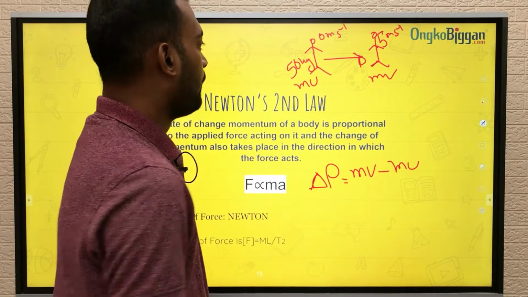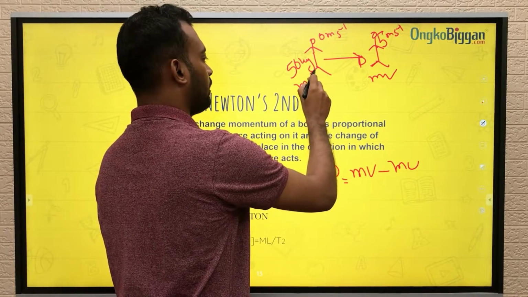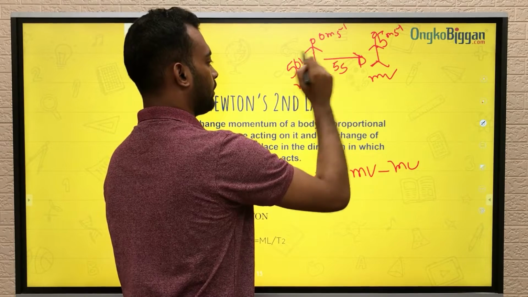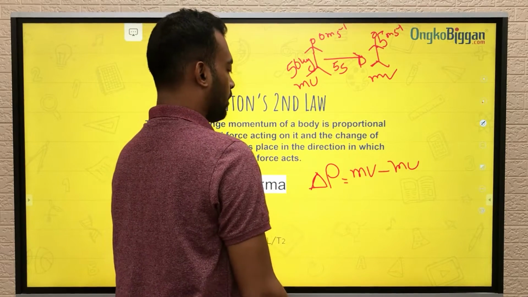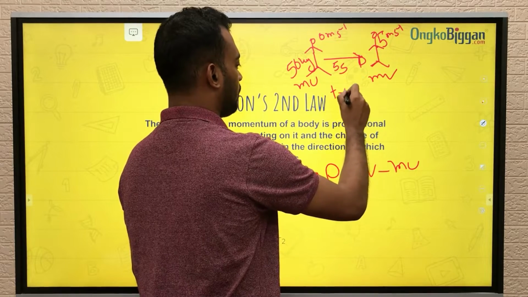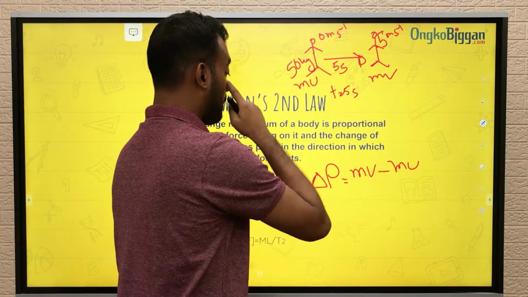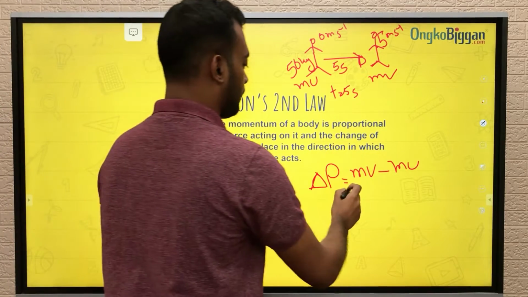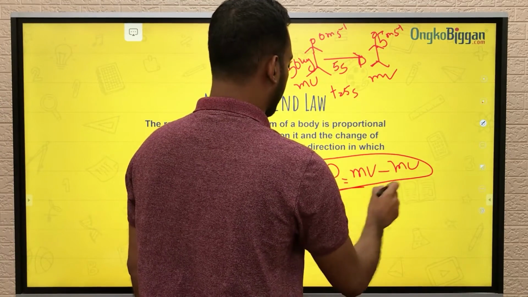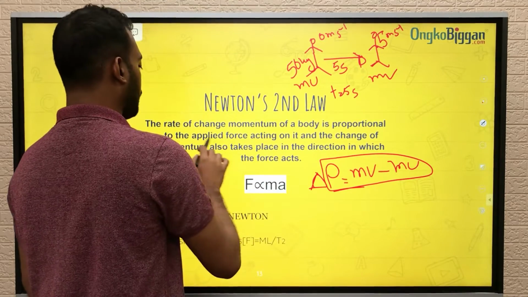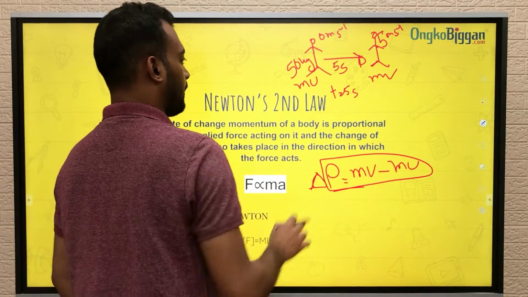Now if I say that from this position to this position it requires 5 seconds, that means t is equal to 5 seconds. Now Newton says that the change of momentum of a body is proportional to the applied force acting on it.